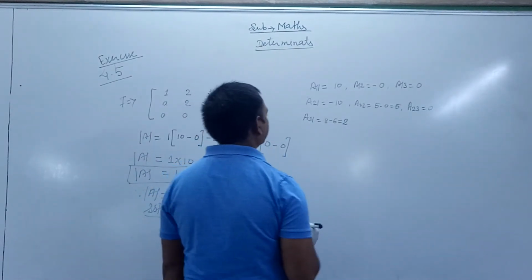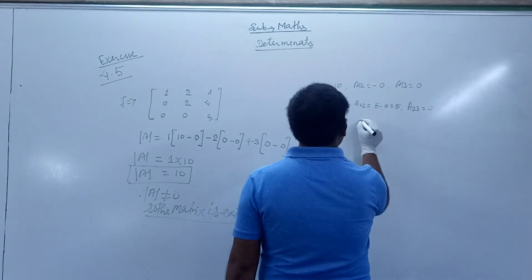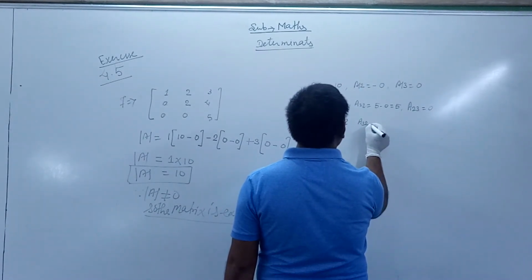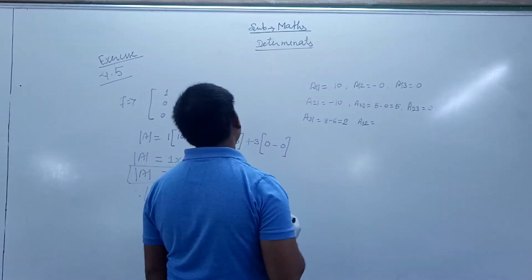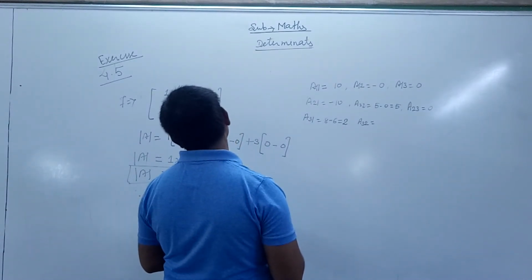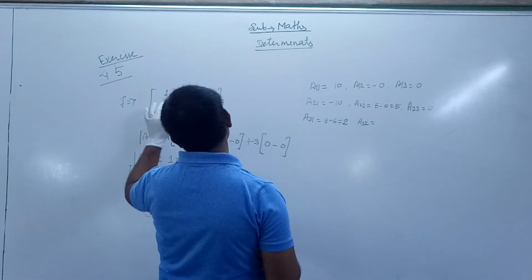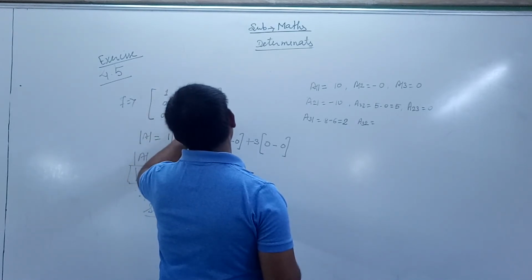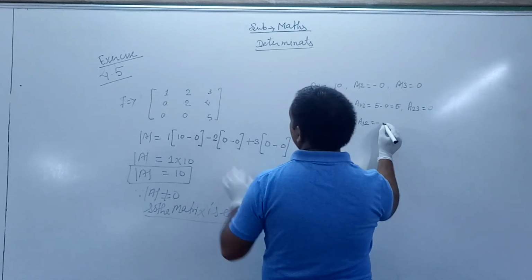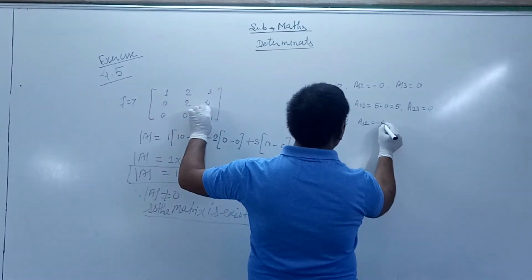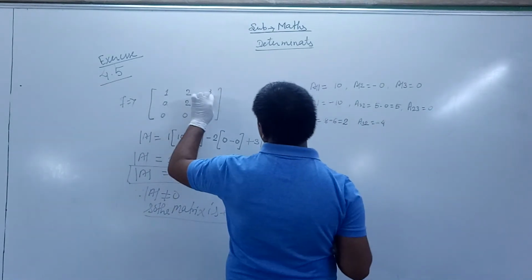After that, A32. You remove the third row and second column, so 1 4s are 4 and 0 3s are 0. The sign is negative, so negative 1 4s are 4, so it is minus 4, and 0 3s are 0.